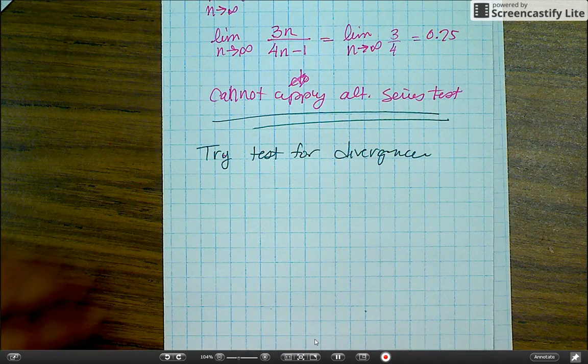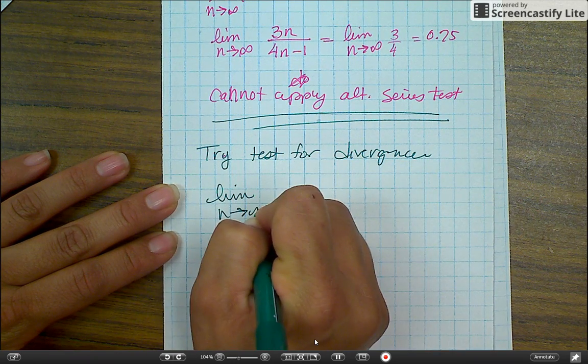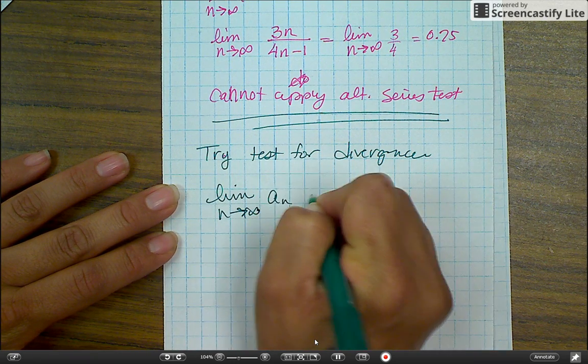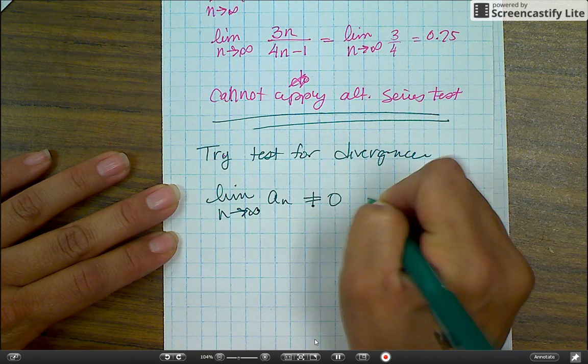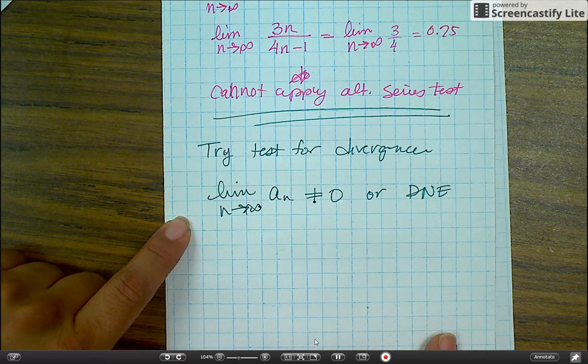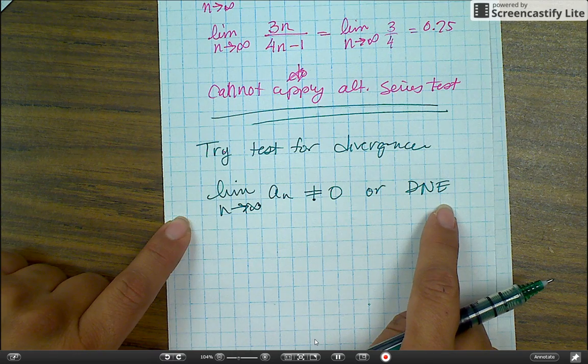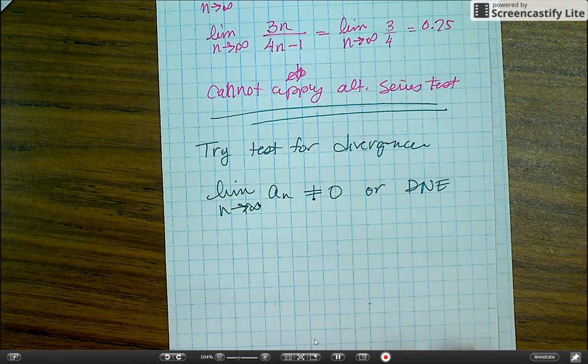What does the test for divergence say? It says if the limit as n goes to infinity of an does not equal 0 or does not exist, then it diverges.